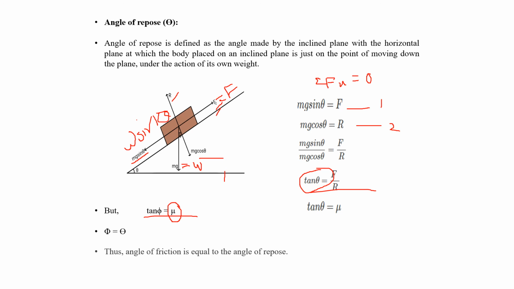Thus, the angle of friction is equal to the angle of repose. As here we can write tan theta is equal to mu is equal to tan phi. So from this we get tan theta is equal to tan phi. When tan cancels, theta is equal to phi. So the angle of friction is equal to the angle of repose.